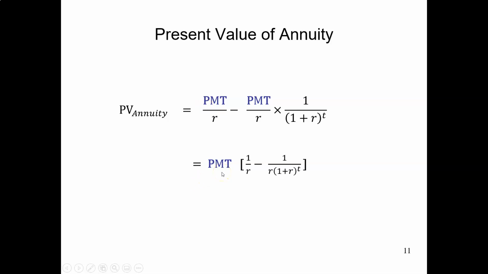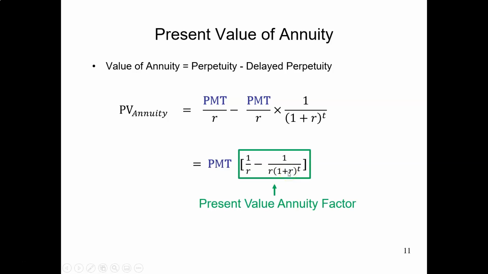The second equation tells us the present value of annuity can be payment multiplied by the difference between 1 over r and 1 over r multiplied by 1 plus r to the power of t. We call this formula the present value annuity factor.